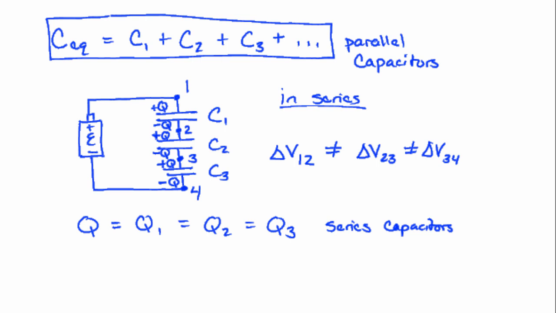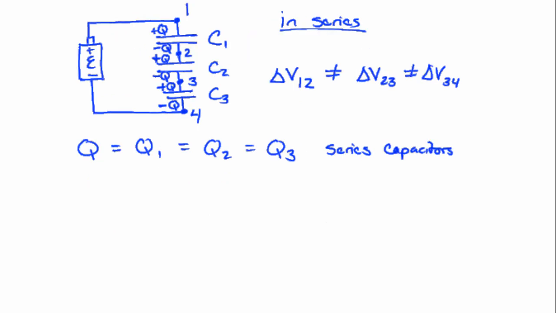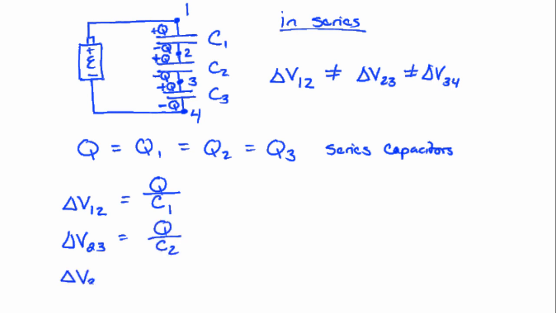So let's write out what each of these potentials must be. The potential difference between points 1 and 2 is going to be equal to the charge on the capacitor divided by the capacitance. And similarly, we'll find relations for each of the other capacitors.